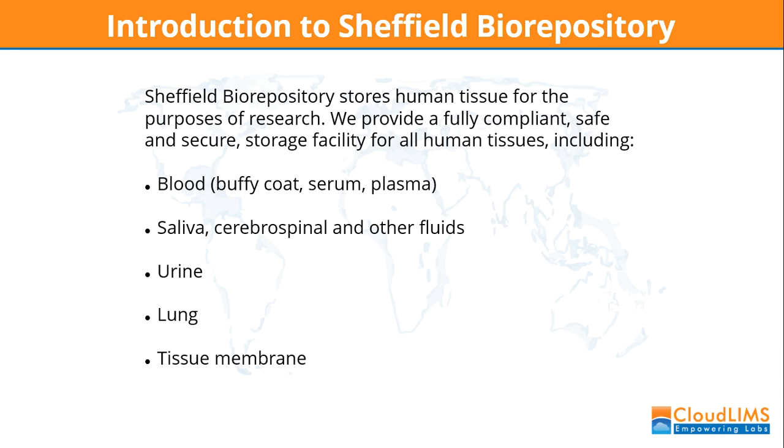We store for each of these biobanks a range of different tissue types, from blood, saliva, urine, lung samples, tissue membranes, ranging across the entire spectrum of human tissue samples.